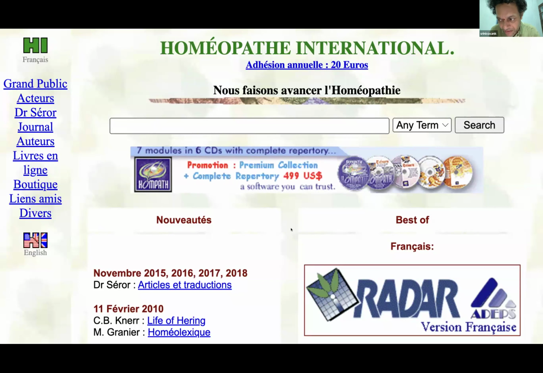This is what I have been using for 15 plus years to locate a rubric in NER repertory. The name of the website is HOMEOINT.org. If you click open this, it's very user friendly.